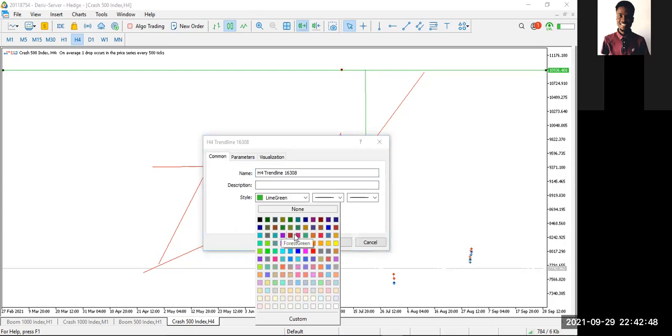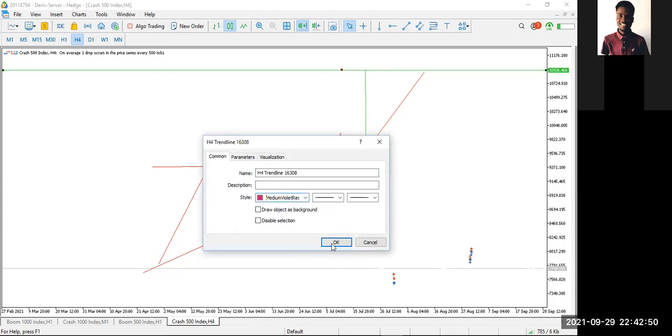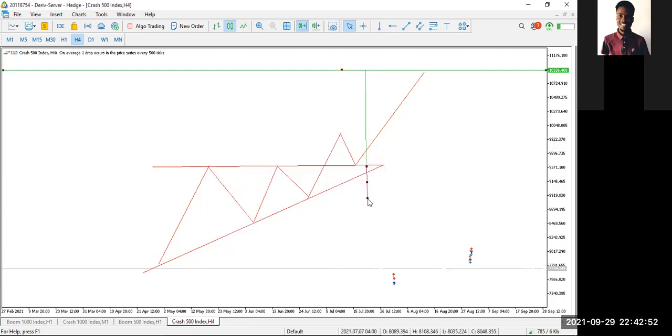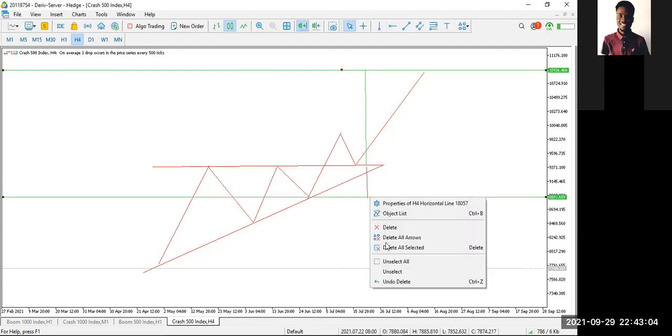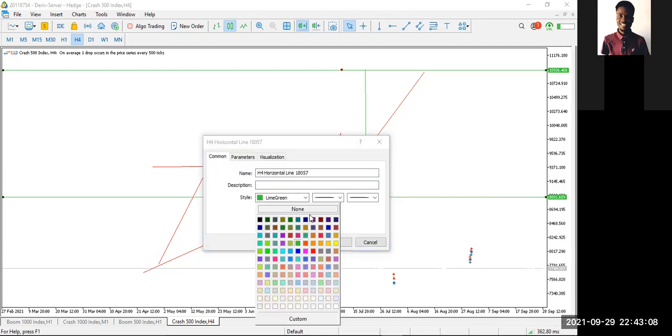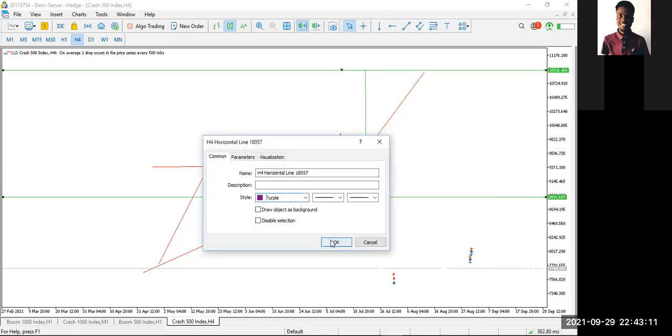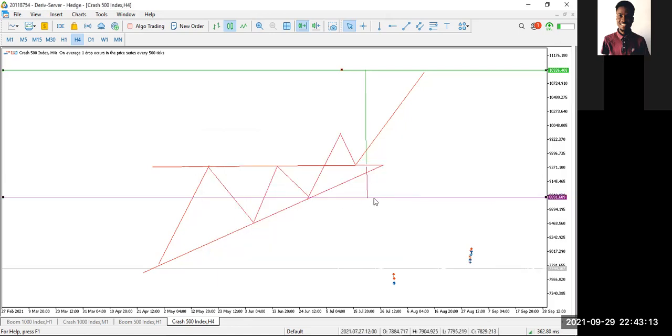Let me use something like pink. So the green level should be your TP, and this point should be your stop loss. This level here should be your stop loss.